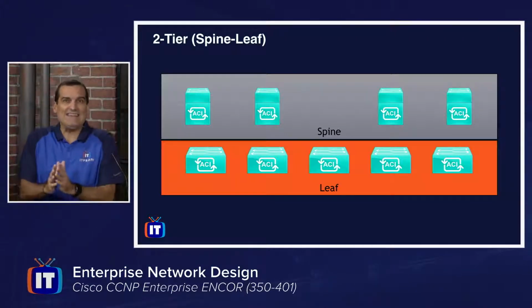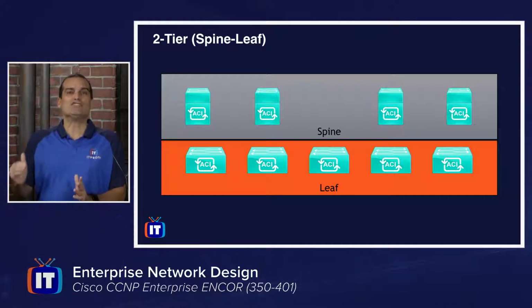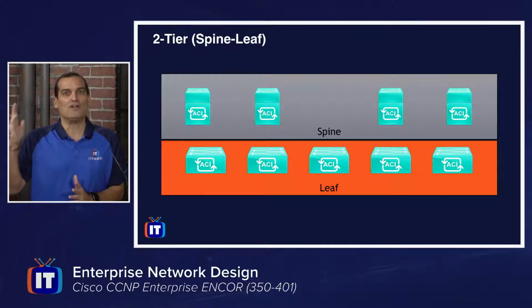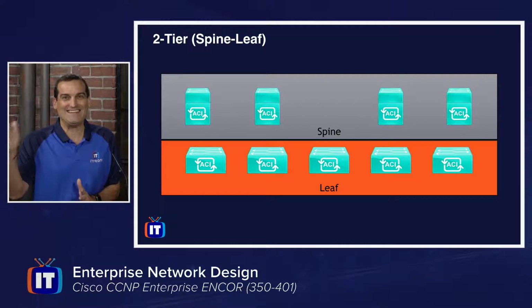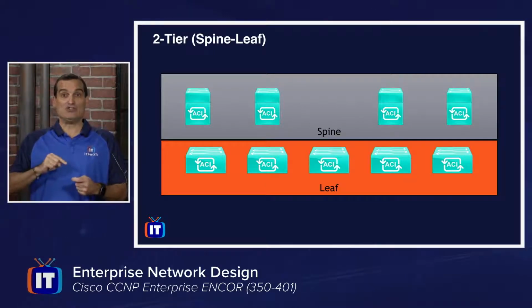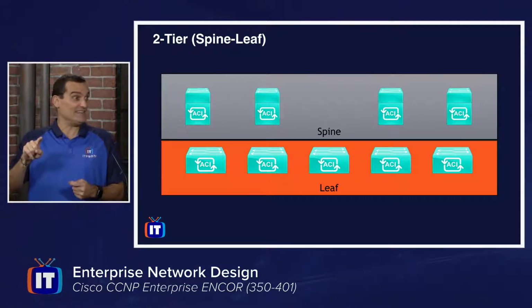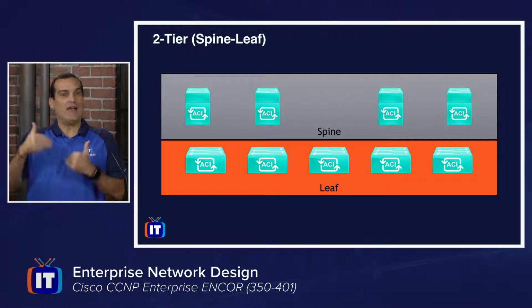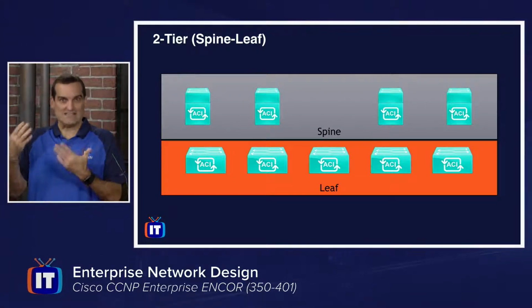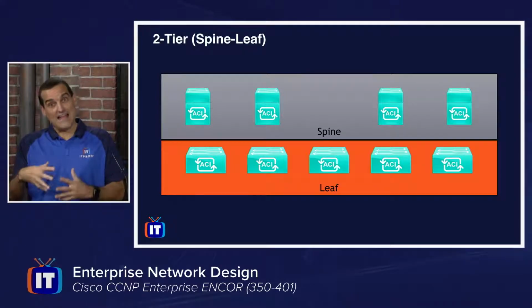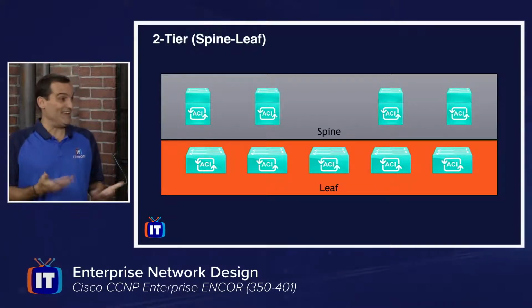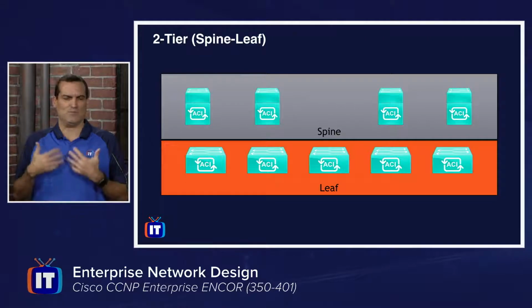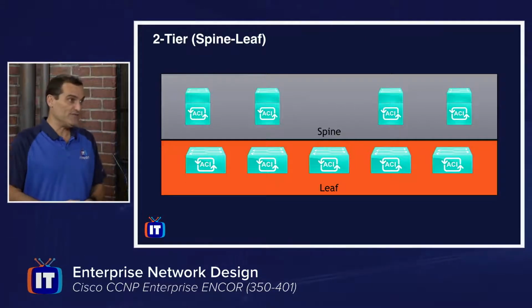And Ronnie, if we need to scale it, we can just add another core or spine device and then just make sure all the leaf nodes are connected to that device, and we just immediately scaled it. So every leaf node connects to every spine node, and that's how the physical connectivity works in this really interesting and brand new spine leaf topology.